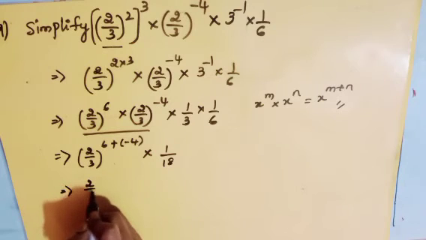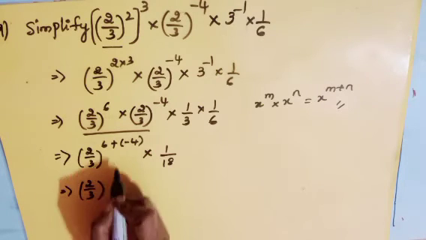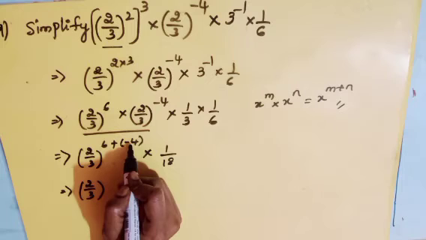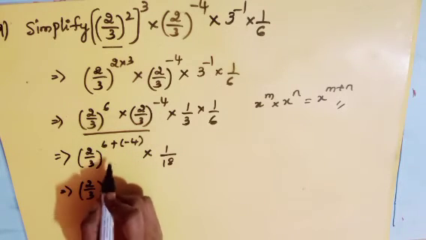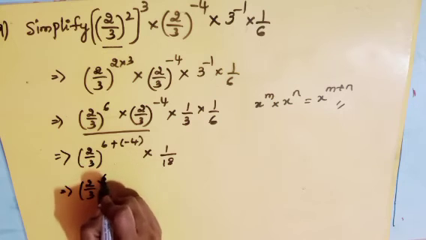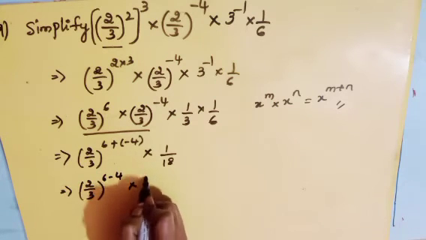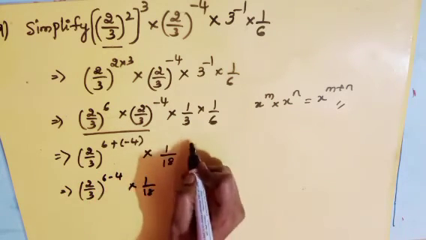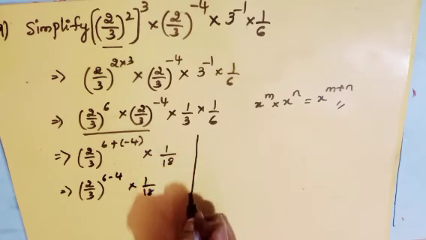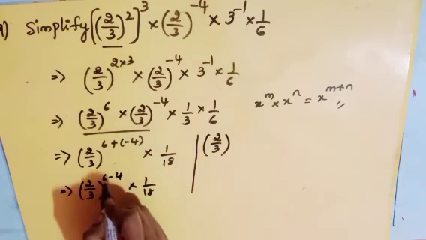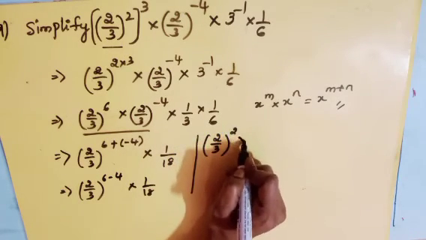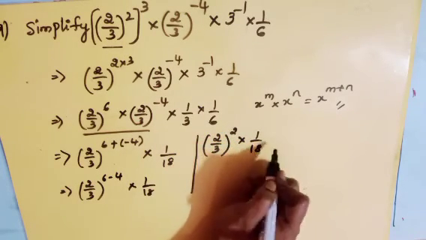Now remove the brackets: plus into minus is minus. So we get (2/3)^(6-4) times 1/18. 6 minus 4 is 2, so (2/3)^2 times 1/18.